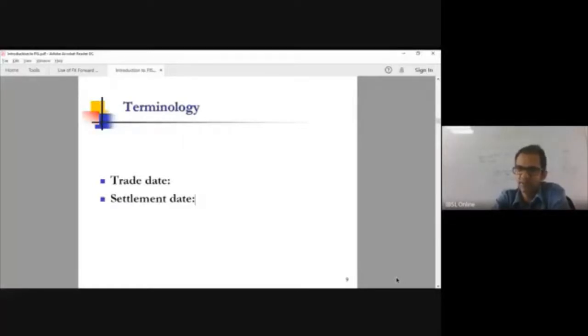The time difference between trade date and settlement date depends on the markets. In different markets, different arrangements are there. However, as you know, trade date is the date on which the two parties come to an agreement to do the transaction.